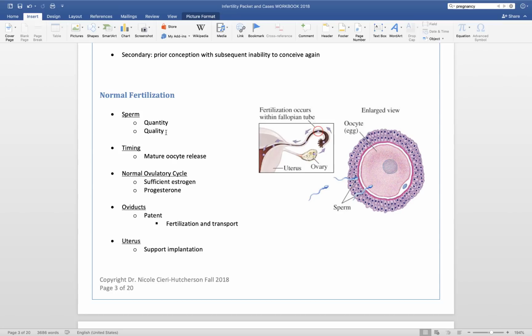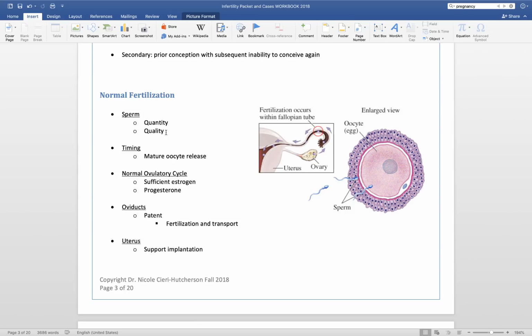The timing has to occur around the time of the mature oocyte being released. So if we think back to our normal menstrual cycle, when the LH surge occurs, ovulation will follow in the next 24 to 48 hours. And that's the time when couples should be counseled to attempt to conceive.